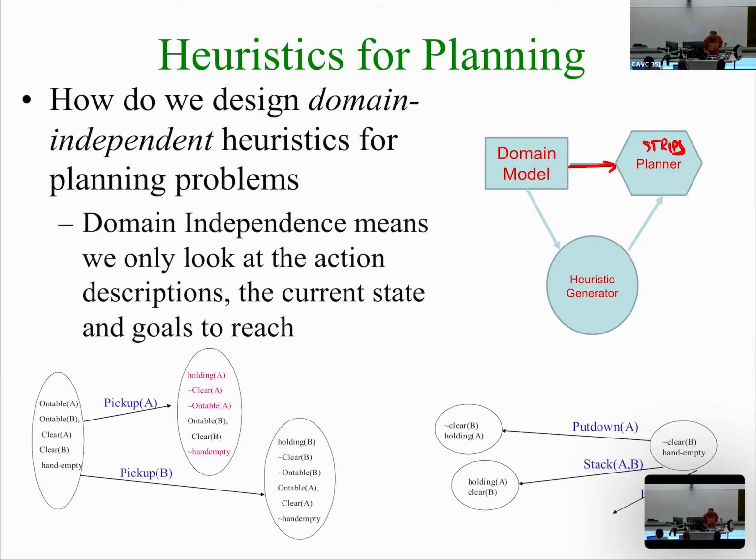And there is some kind of heuristic generator there which can have various ideas. We talked about planning graph heuristics, which you read about. I'll quickly talk about them. I'll also talk about another very useful idea called landmark heuristics. Landmarks are essentially finding recursive subgoals.